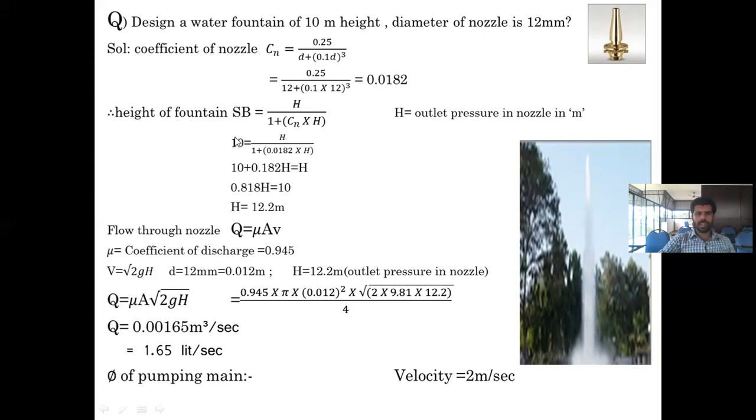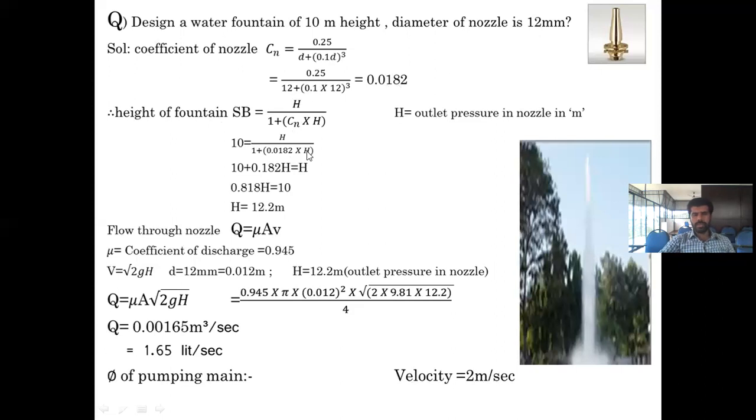Now the height of the fountain is 10 meters. Then we have to find the outlet pressure of the nozzle. The height of the fountain is equal to h divided by 1 plus Cn into h. So 10 equals h divided by 1 plus 0.0182 into h.